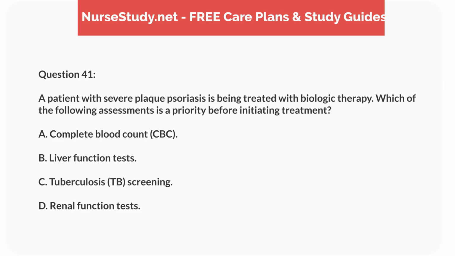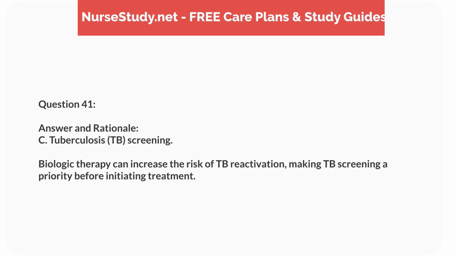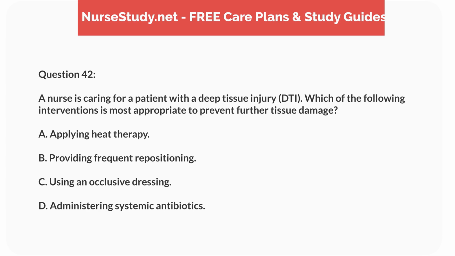D. Renal function tests. Answer and rationale. C. Tuberculosis, TB, screening. Biologic therapy can increase the risk of TB reactivation, making TB screening a priority before initiating treatment. Question 42.